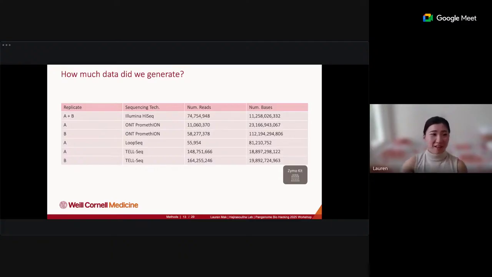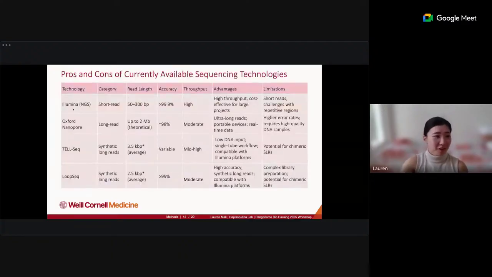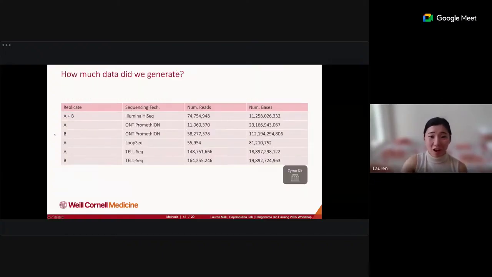So that means, as I mentioned before, that their accuracy is really high. These are incredibly high quality synthetic long reads, but an average of 2.5 kilo base pairs long. But that also means there isn't a lot of breadth-wise coverage of the species in the sample, which is why the hybrid technology workflow is structured in the way it is, because we can't actually recover MAGs from the loop-seq data set.